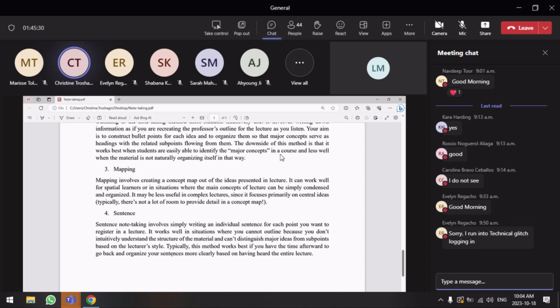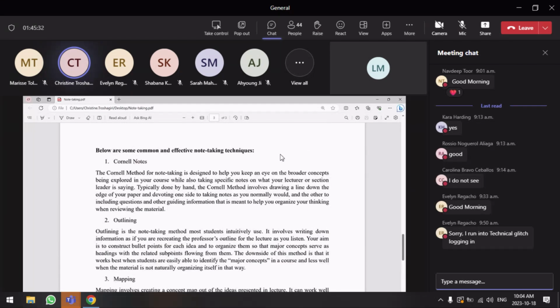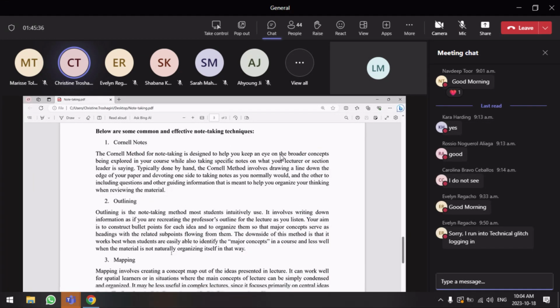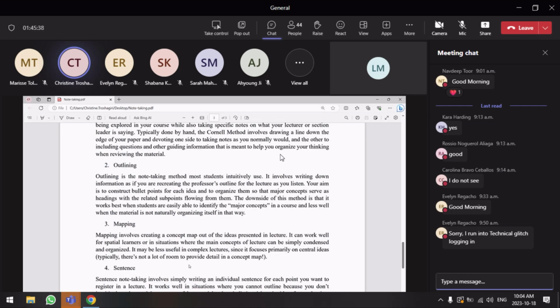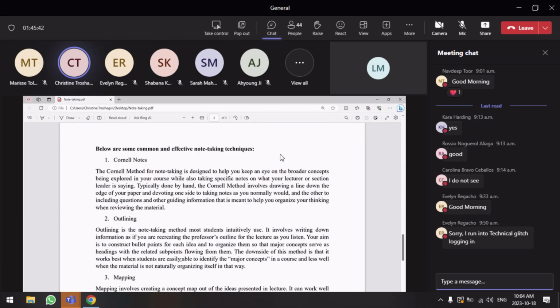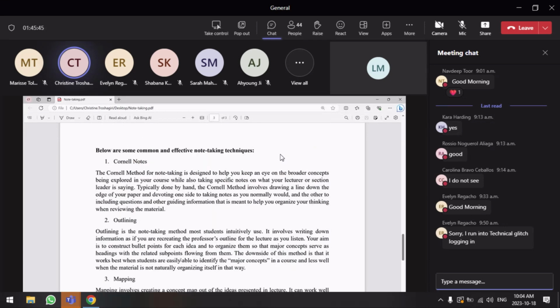So with that said, we come to the end of the 4 effective note-taking techniques. These are very important, and as I said, there is no one technique which works for everyone, and no one technique which works for all courses.